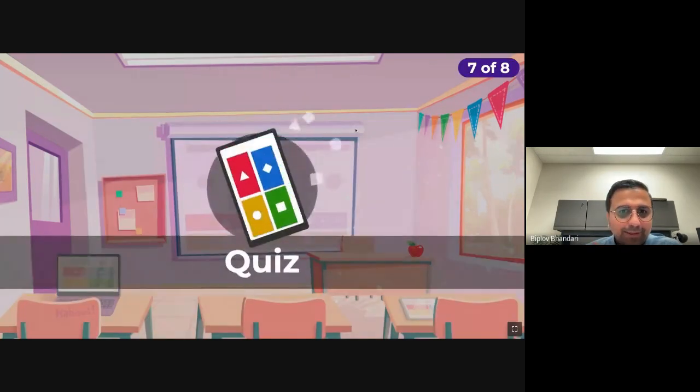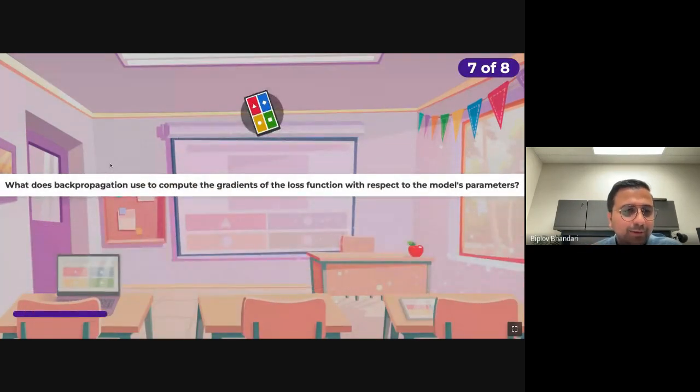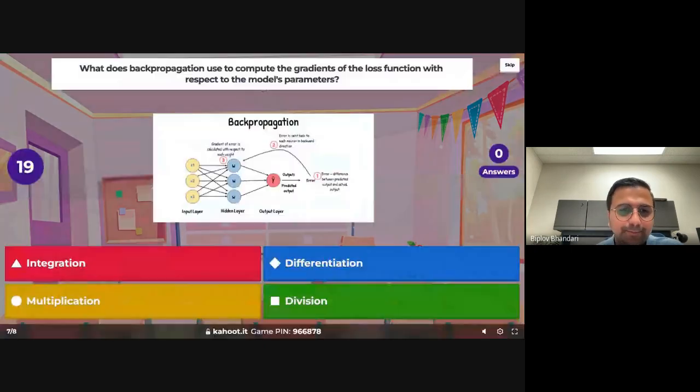Second last question. This is a quiz also. So what does back propagation use to compute the gradient of the loss function with the model's parameter? You remember something happens before doing the back propagation? We compute the gradient. So how do we compute that gradient? Do we use integration? Do we use differentiation? Do we use multiplication?